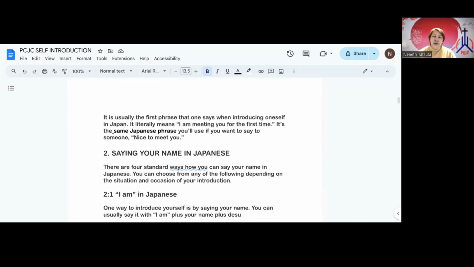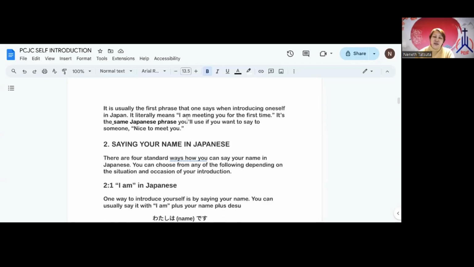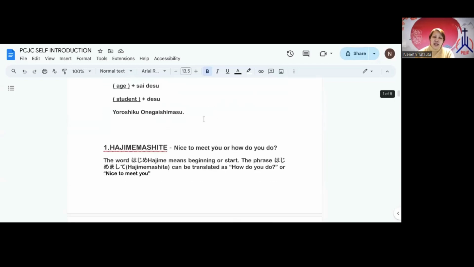I remember in a past class, every time we met, he always said Hajime mashite ma'am. I said no, Hajime mashite is only for the first time. After that, if you meet him or her every now and then, the greetings would be O genki desu ka? Konnichiwa. Ohayo gozaimasu. So remember this: Hajime mashite is only for the first time that you meet.